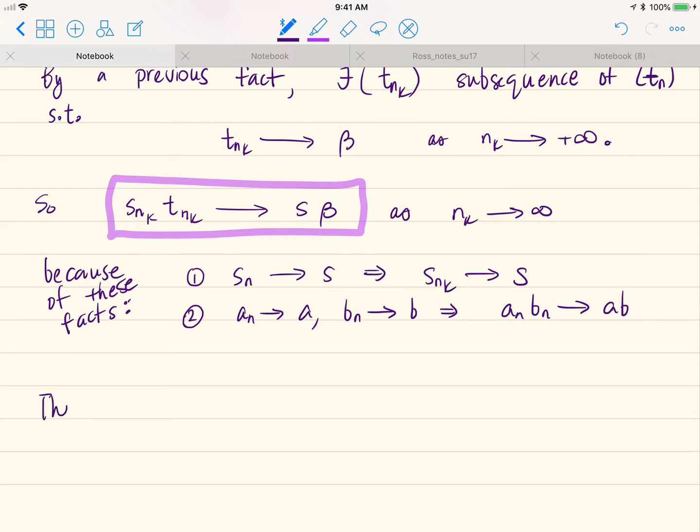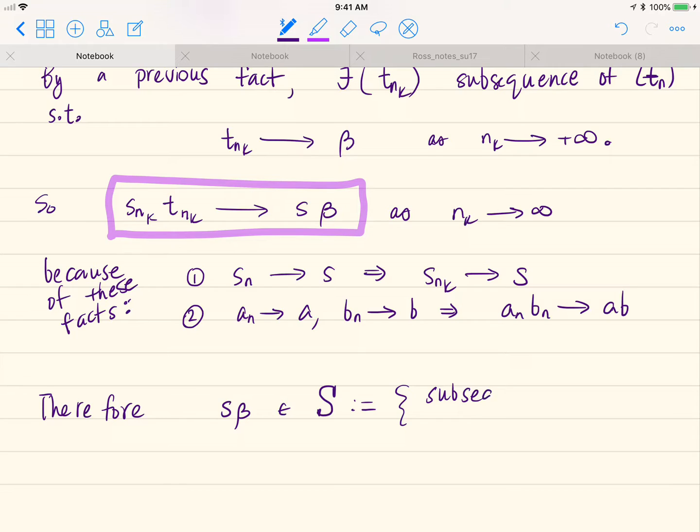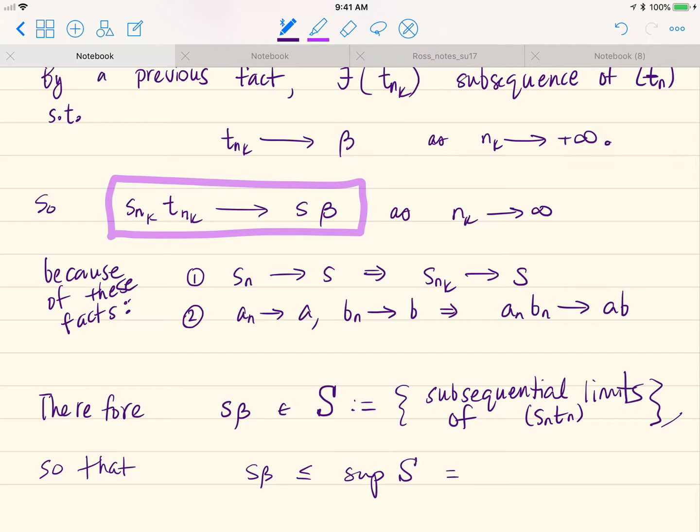That means that S beta is actually a subsequential limit, so S beta belongs to our set of subsequential limits of Sn Tn. So S beta has to be less than or equal to the sup of that set, which is the limsup of Sn Tn.